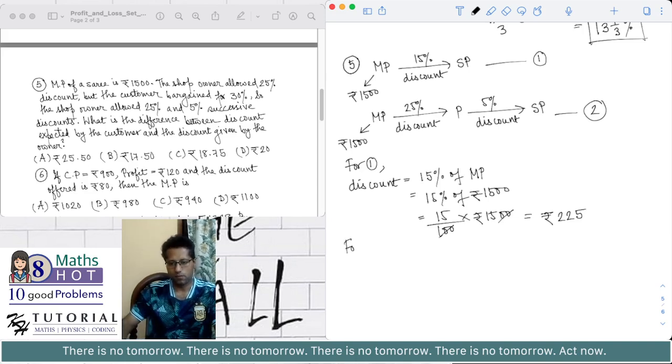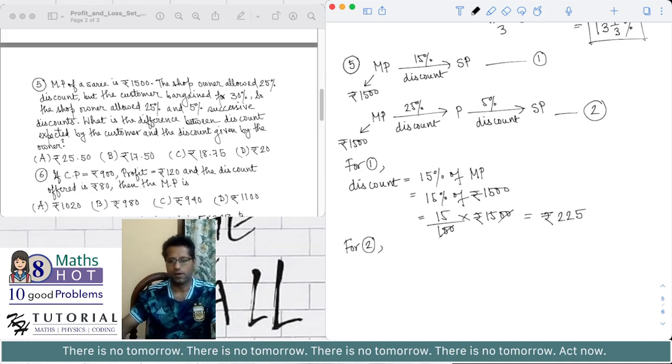Now, for scenario 2, discount for scenario 2, we have to see, since there are two successive discounts, we have to compute finally the SP and then subtract the value of SP from MP to get the total discount.